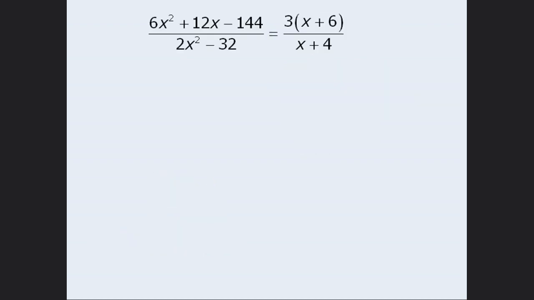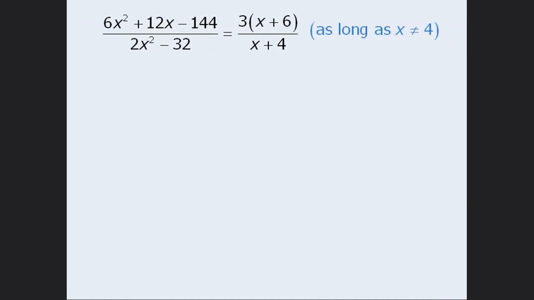As such, we cannot say that these two expressions are equal for every possible value of x. What we can say is that they are equal for all values of x just as long as we do not let x equal 4. So if we prohibit x from equaling 4, then these two expressions are indeed equal. Now for the GRE, this point is of little consequence.